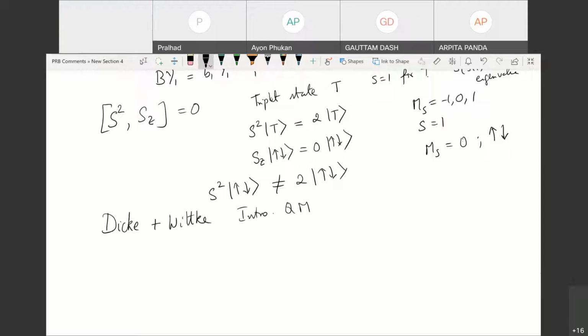But then there are so many quantum books. You can either look at that, or you can look at Schiff, which is much more advanced, but it also has the same result. You have Sakurai, others. Schiff.